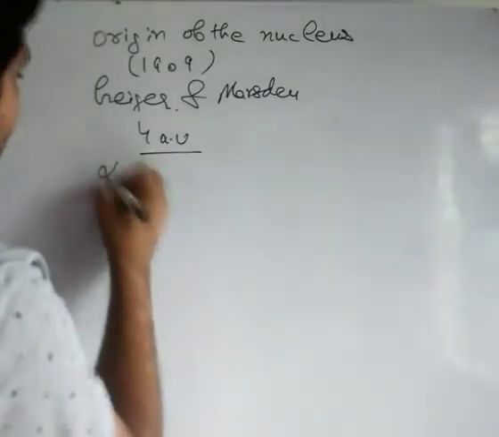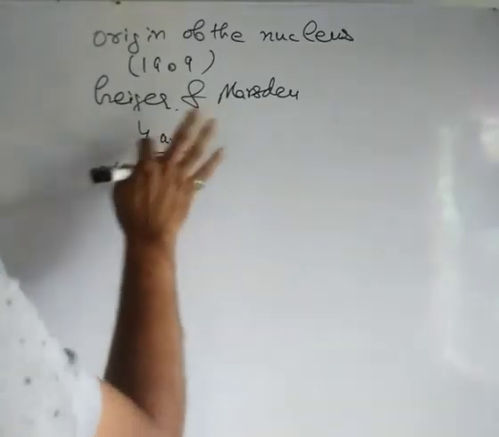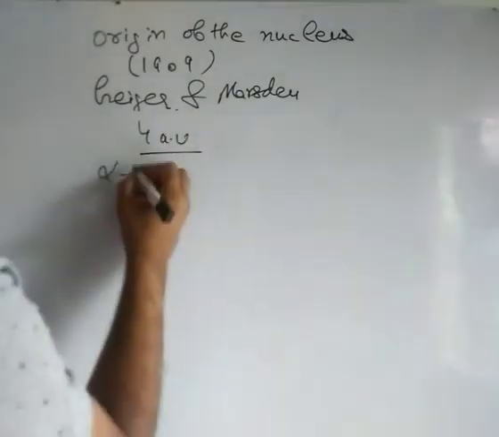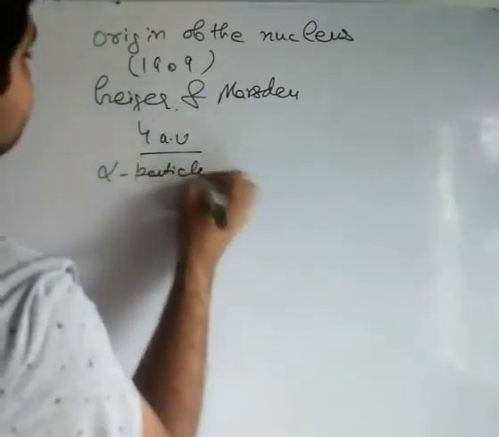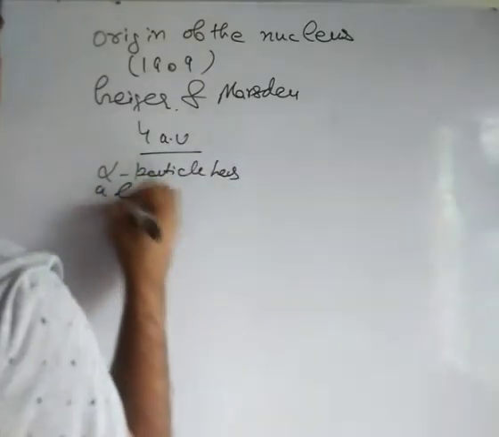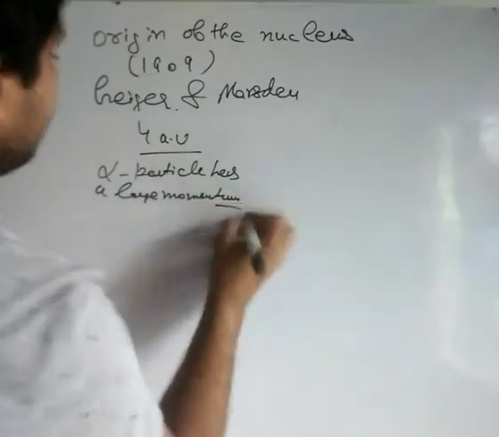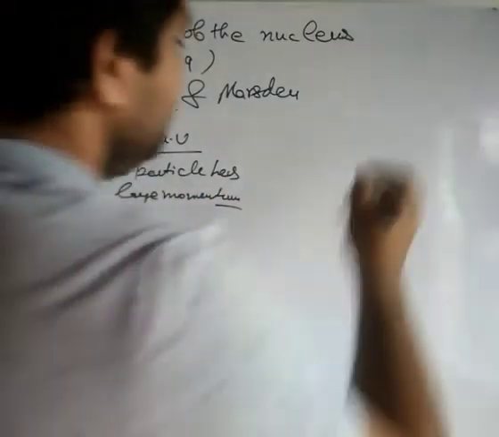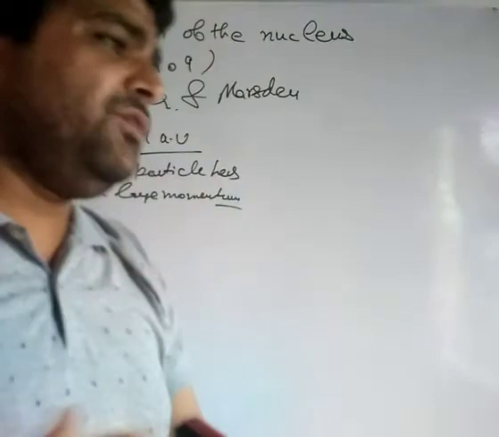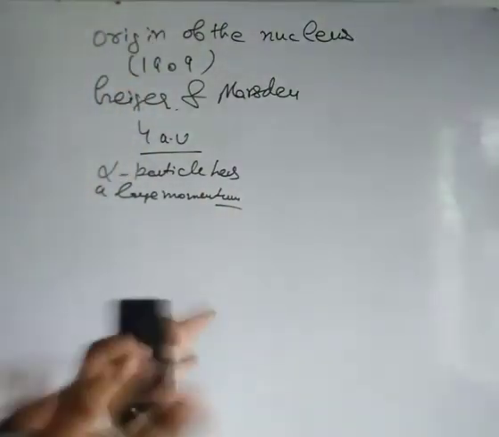It means this alpha particle has a large momentum, because large mass and large velocity give it a large momentum. Now when an alpha particle with a large momentum is backscattered from this metal foil, this is not expected.